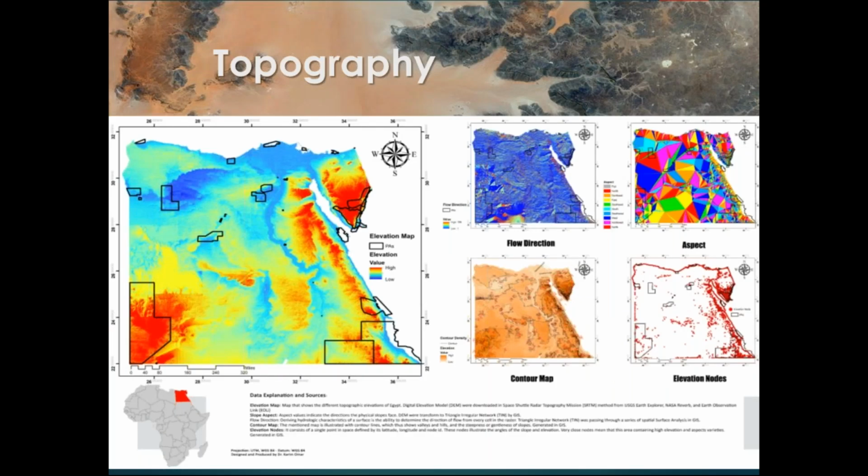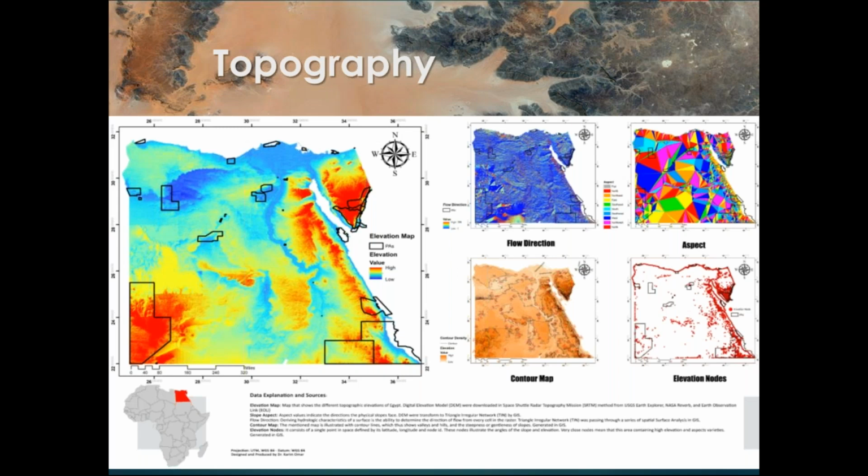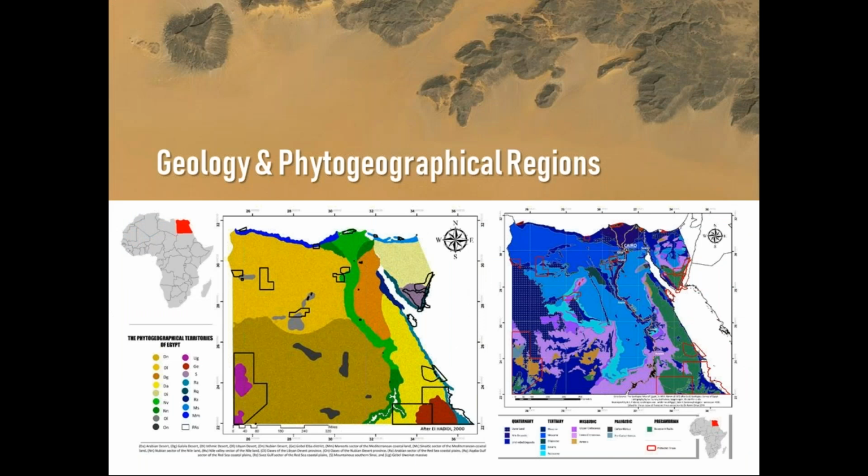These maps show the topography of Egypt, produced from data obtained from Landsat maps and topographic maps, with flow direction. Okay, next slide.